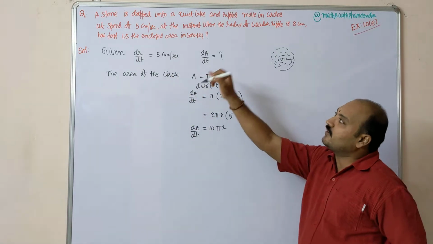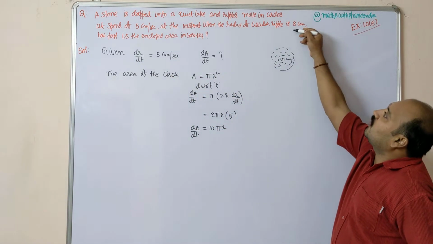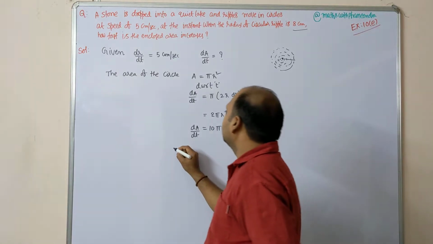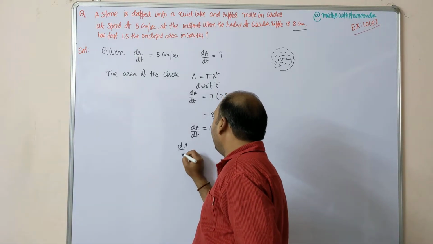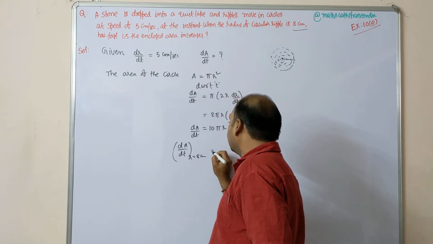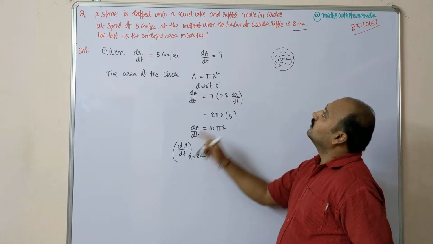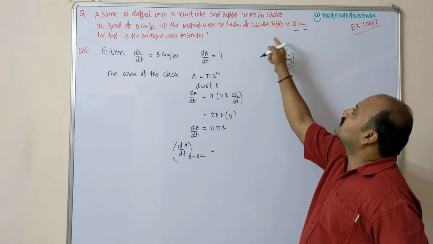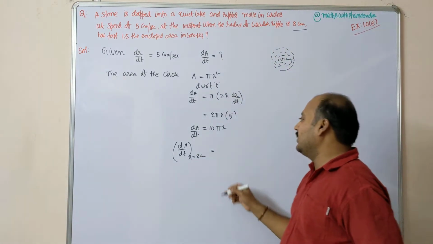The rate of change of enclosed area increases at what? At 8 centimeters. So dA by dt when the radius is 8 centimeters, here we need to mention, when the radius of the circular ripple is 8 centimeters.